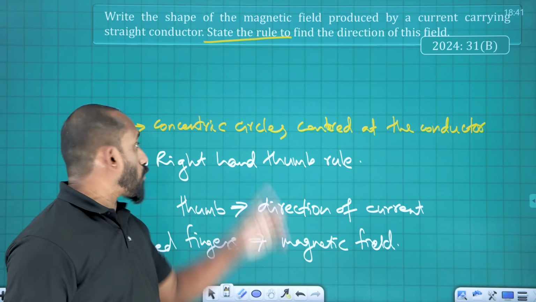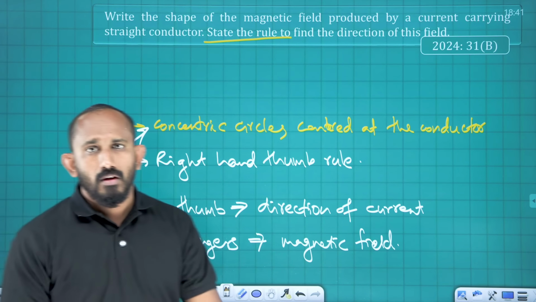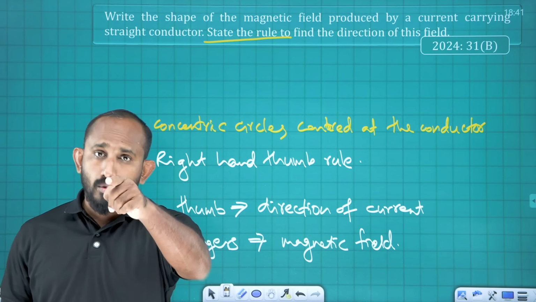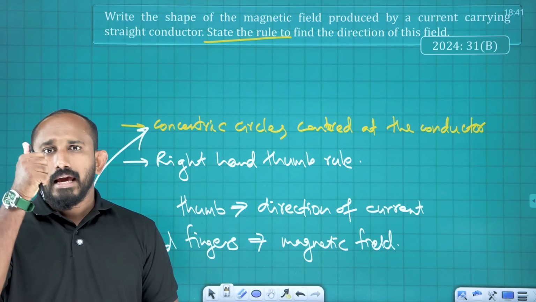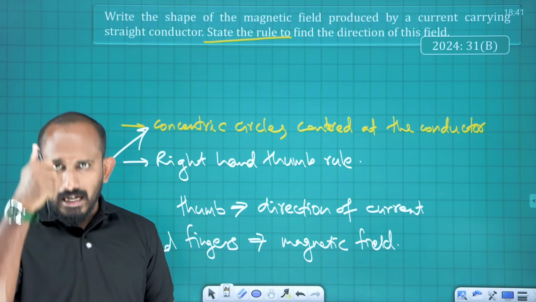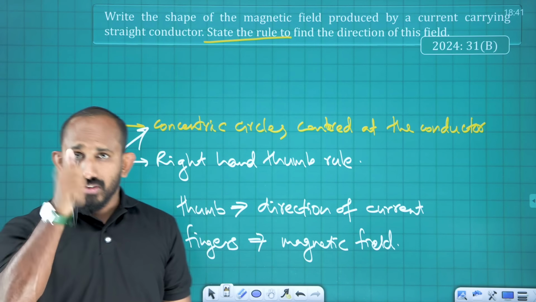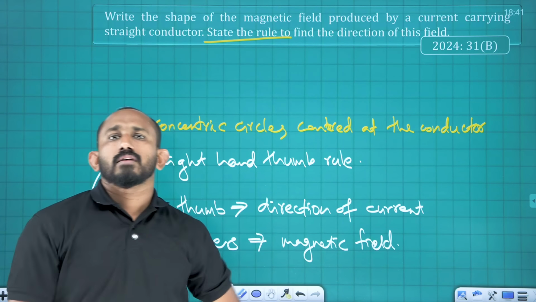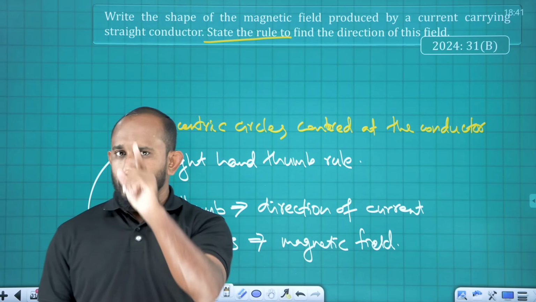So fingers are in concentric circles only, hence this is concentric circles. So keyword I given, the statement should be as it is. Okay, imagine we hold a straight conductor in our right hand such that thumb points in the direction of current. Then the curled fingers give the direction of magnetic field. Please refer to the textbook also, make sure, got it.